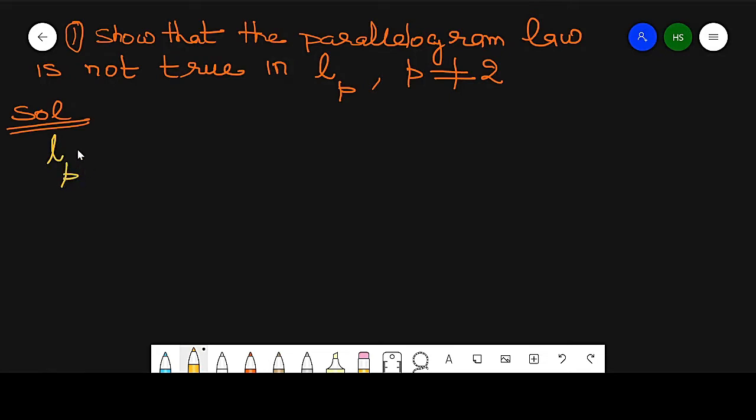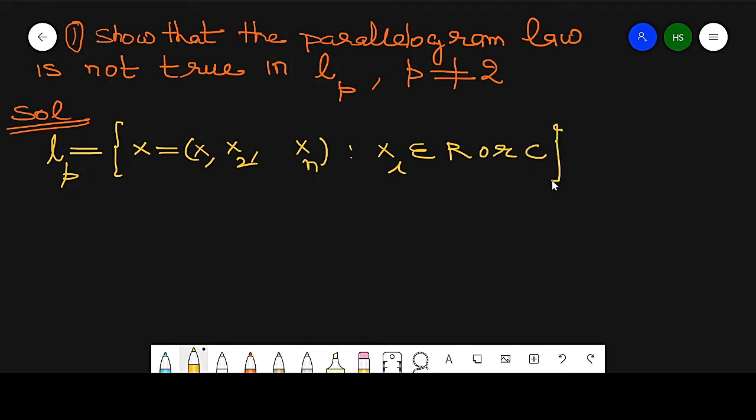It consists of n-tuple elements x = (x1, x2, and so on up to xn), such that each xi belongs to R or C. Basically it belongs to the field, so I take it from R.